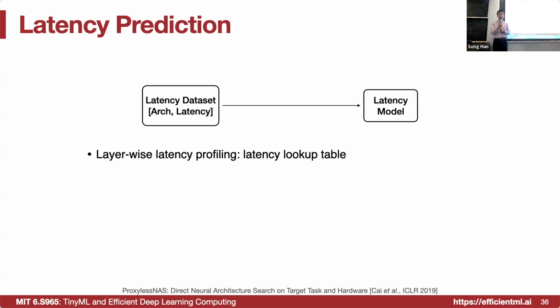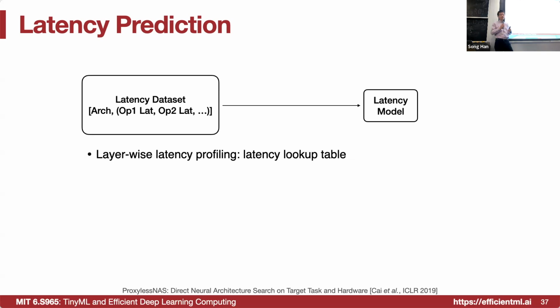There are several approaches to perform this latency prediction. We can compose a data set consisting of the architecture and also the latency. For certain frameworks, we can also obtain the layer-wise latency.